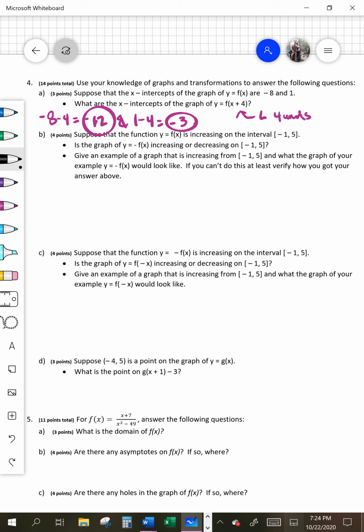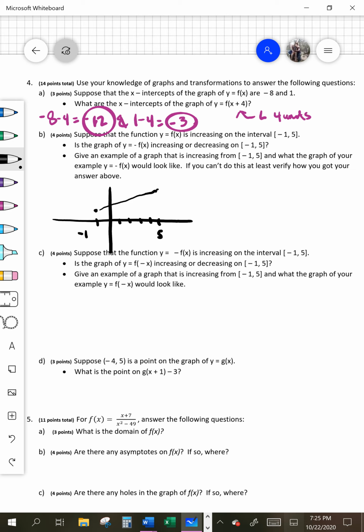And given the graph that you choose, what would the graph of your example y equals negative f of x look like? Okay, so looking at this, let's look at when x starts at -1, going to a value of x equals 5. We know it's increasing everywhere on here.